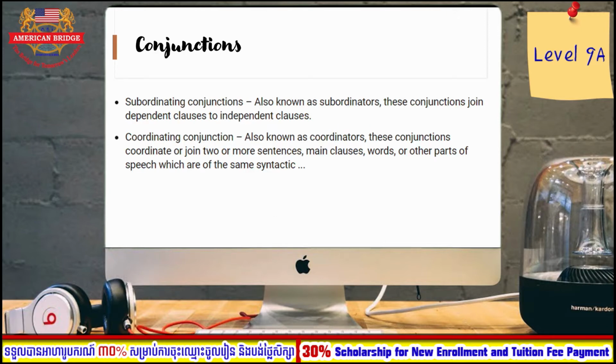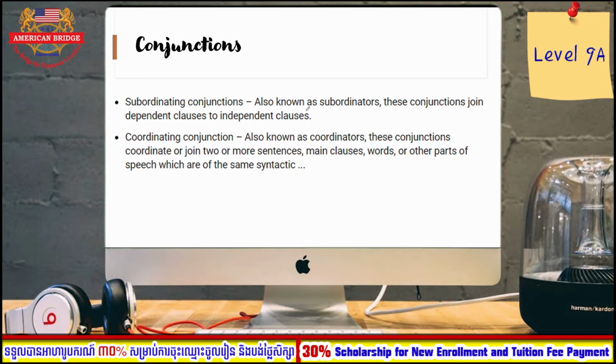So, conjunctions. We have learned about the definition of conjunctions already. Conjunctions are words that you can use to link phrases, clauses, or words together. Generally, people will study two main types of conjunction. The first is the subordinating conjunction, or subordinator.